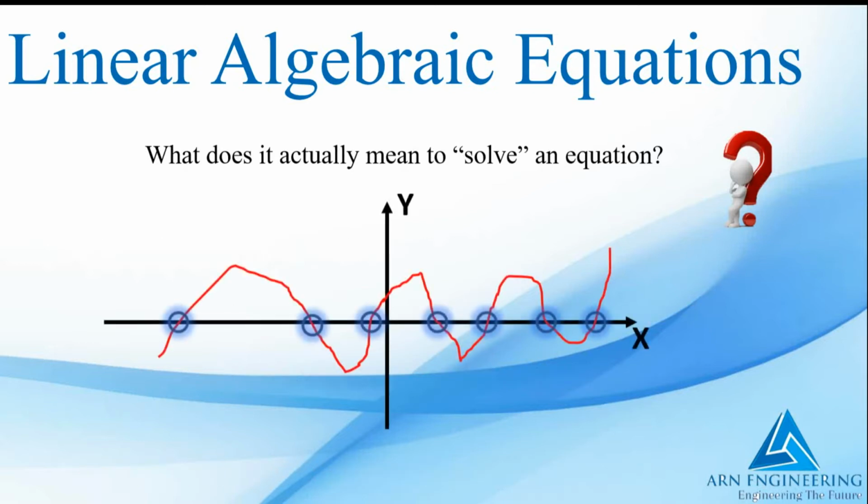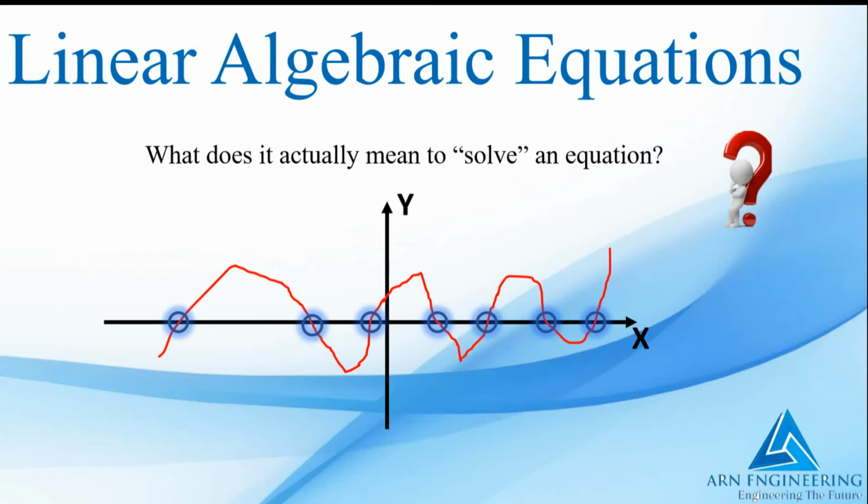So let's look at this graph. Algebraic equations, linear or not linear, represent a graph. So they are a mathematical form of a graph. If we look at this graph, we can see that at the points that have been circled, the value of y is 0.